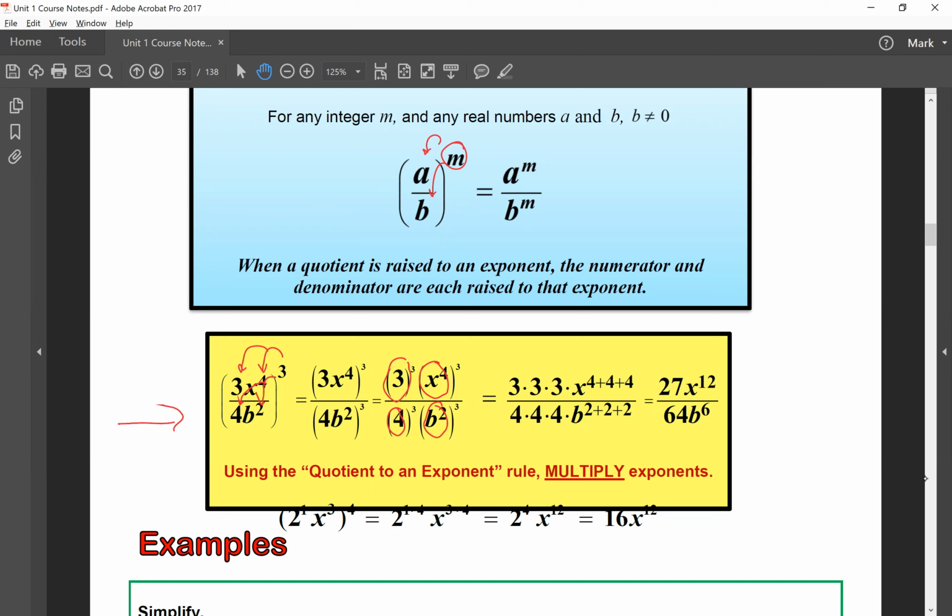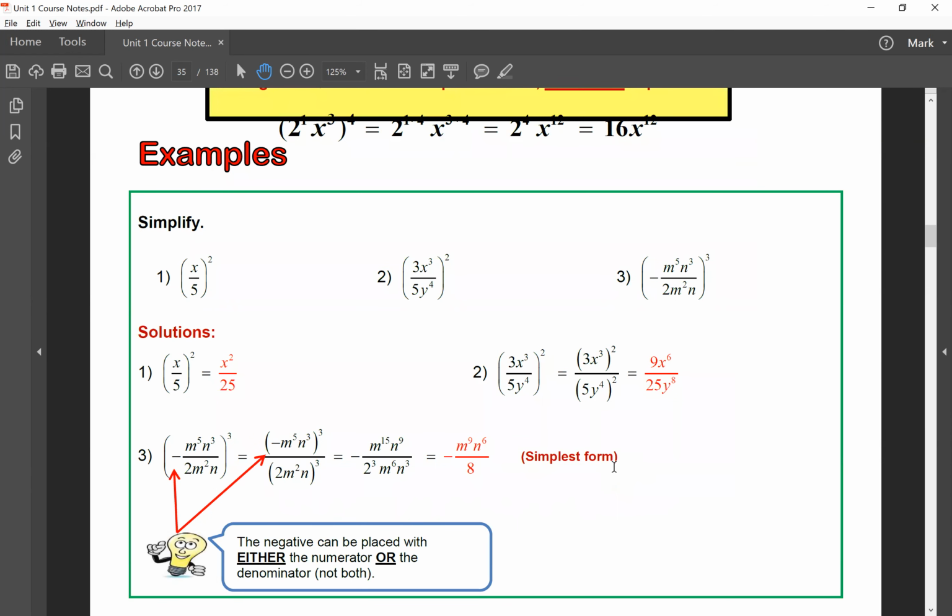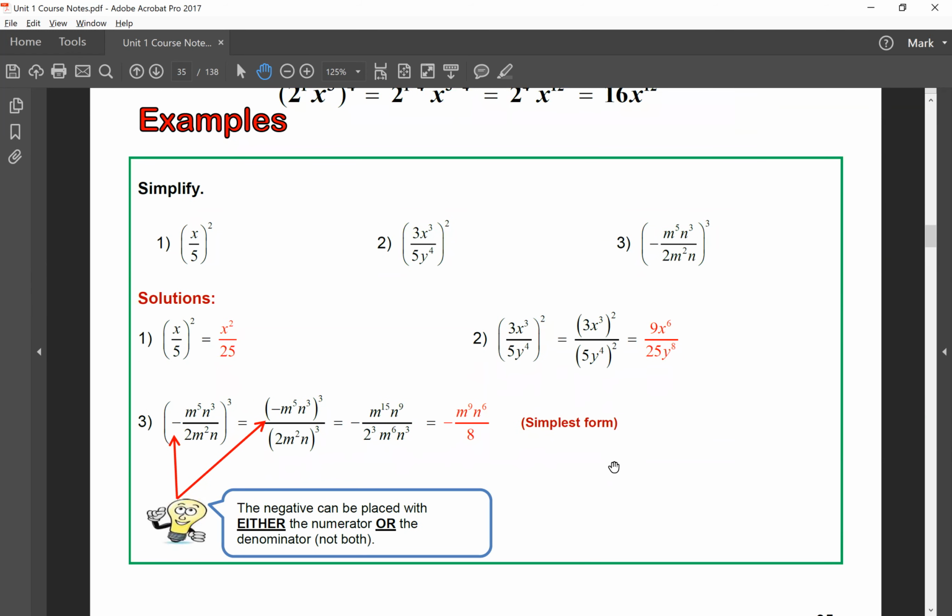For the people who missed yesterday's class, because the 3 is outside of the brackets with the 4, I multiply those numbers. I did this yesterday, so if you missed how to do that, please review my materials from yesterday. So let's look at some examples here.